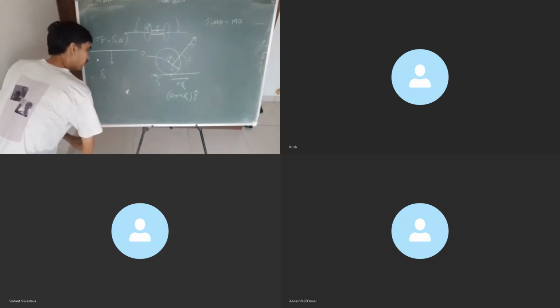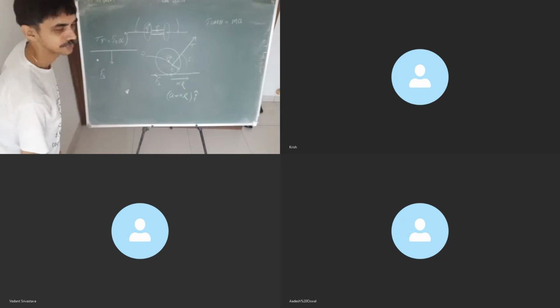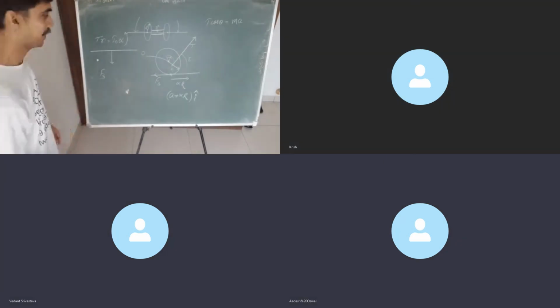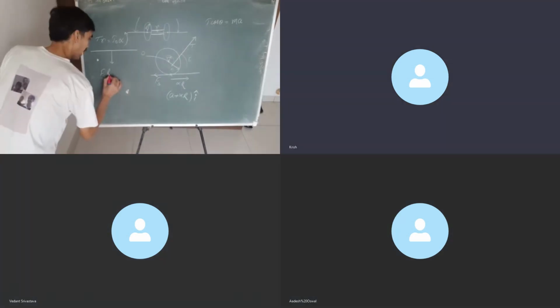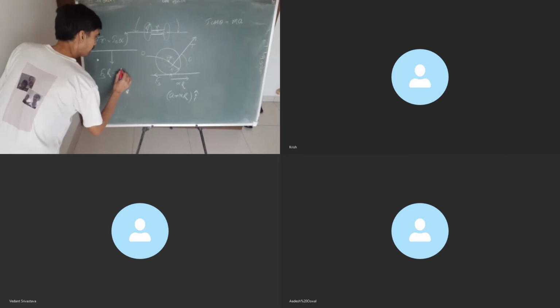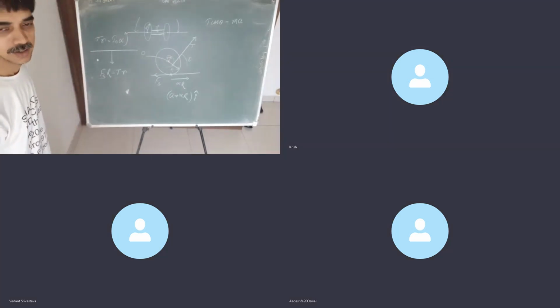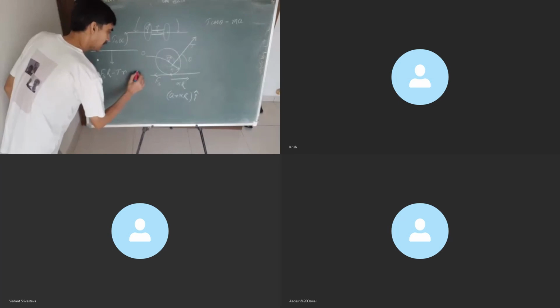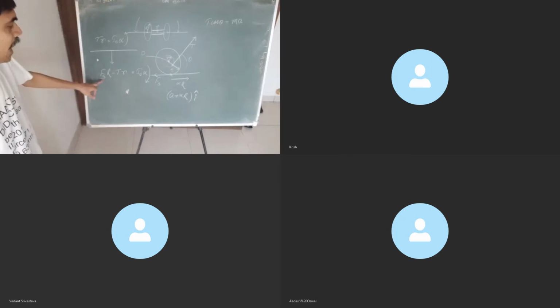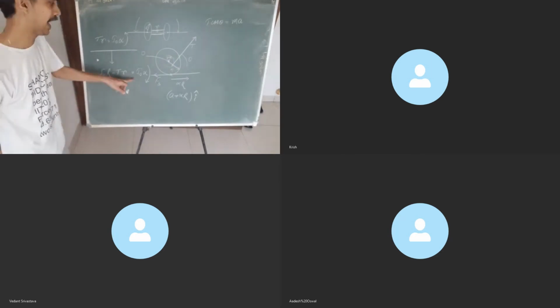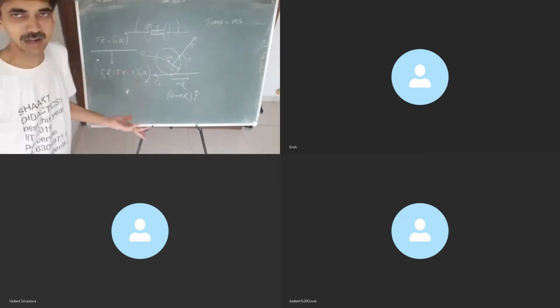Fs into which R? Small r, capital R. Capital R. So Fs into capital R minus T into small r, correct? Equal to what? Is equal to I naught into alpha. I can take alpha in whichever direction I deem. I'm assuming Fs to be greater than TR. It can be less as well.